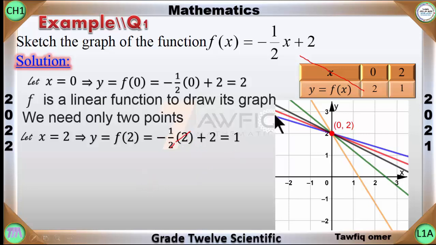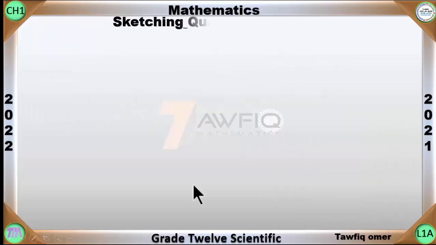Now the second point is (2, 1). We can see that the black line passes through the 2 points. That means this graph is the graph of the function f(x) equal minus 1 over 2 x plus 2.